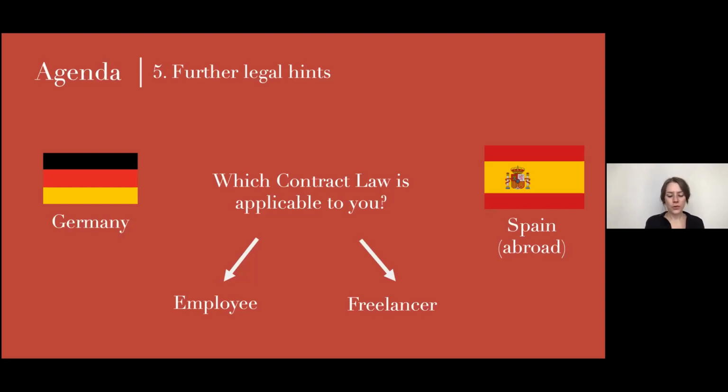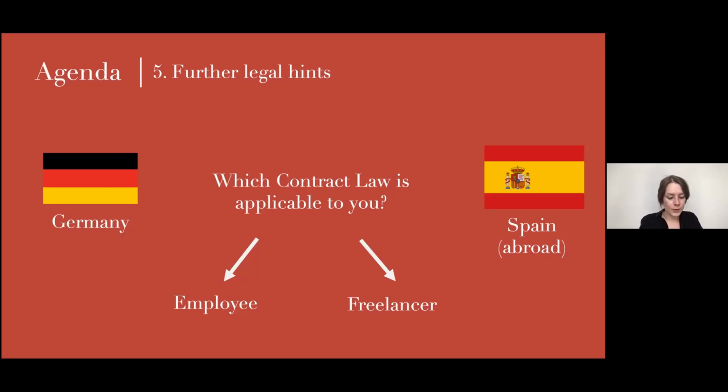So far, the question of the applicable law was more relevant for companies in the B2B business. So for example, when I work as an in-house lawyer for a company, I always check, if we collaborate with another company in another country, which law is applicable, under which law the contract is governed.